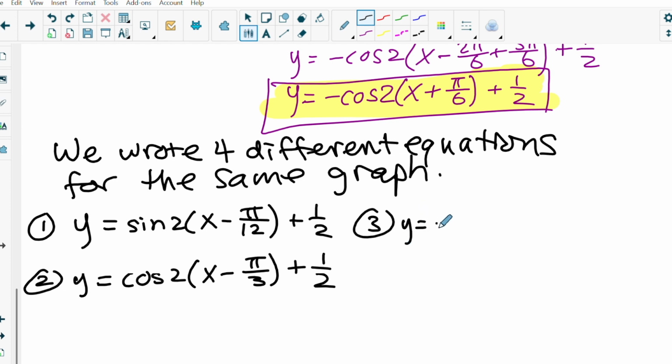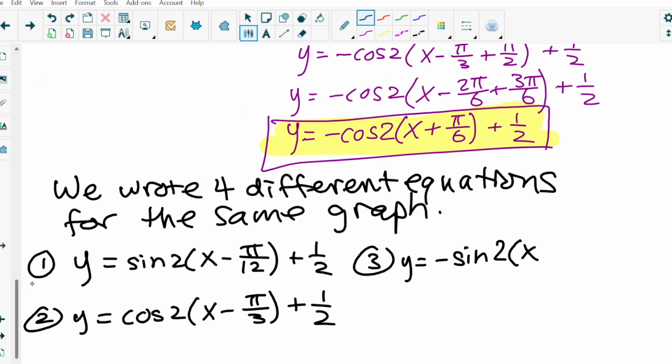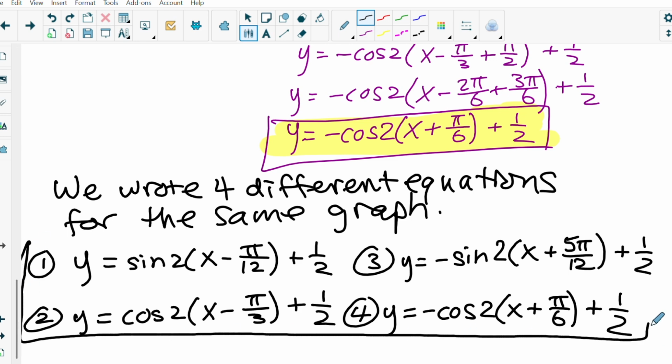The third one we wrote is the reflected version of the sine graph, which is y equals negative sine of 2 times x plus 5 pi over 12 plus 1/2. And then the last one is the reflected version of the cosine graph, y equals negative cosine of 2 times x plus pi over 6 plus 1/2.